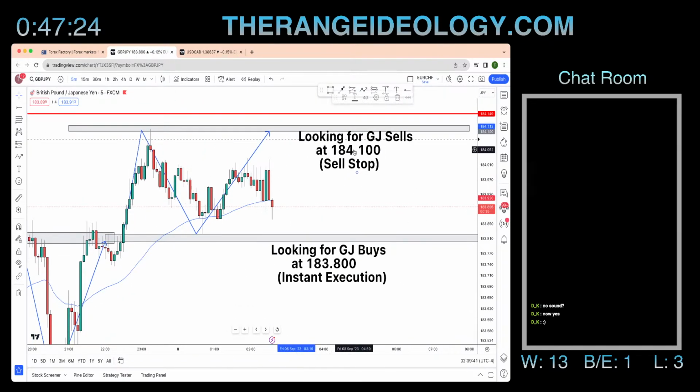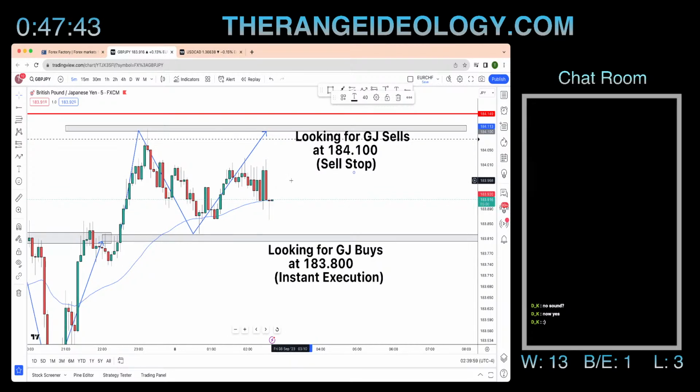And if price comes back up here, we can fill the shorts, the GJ sell stops here, for us to get the price to move down here, right? So according to our analysis, both ways we have a bias.